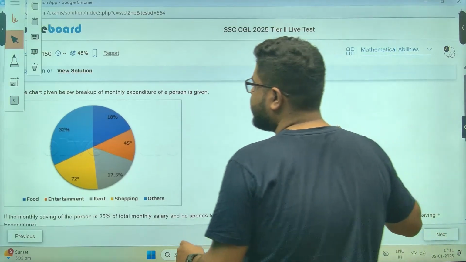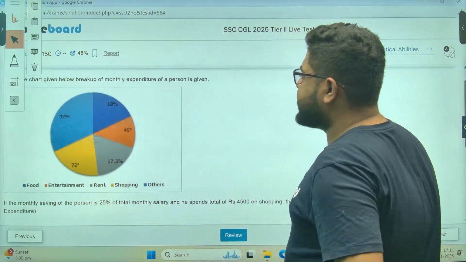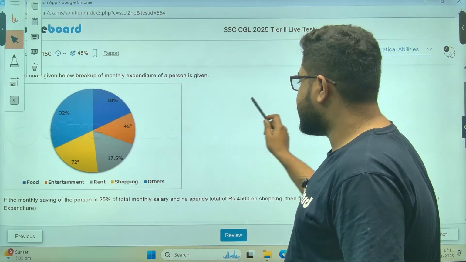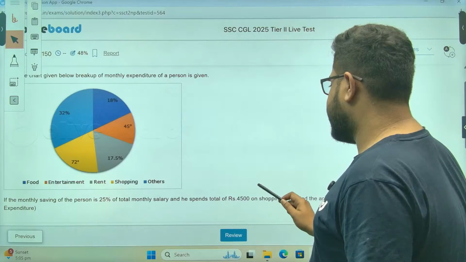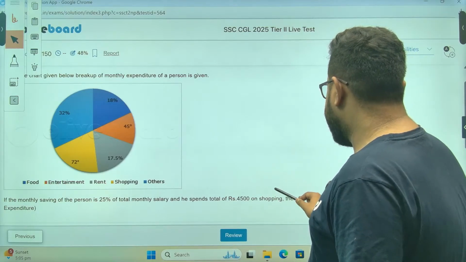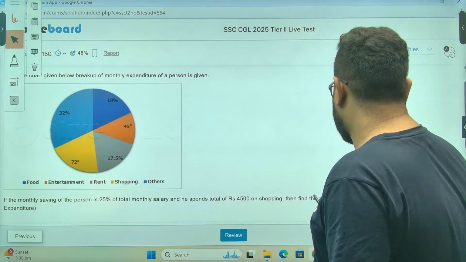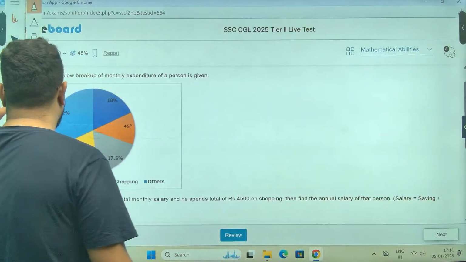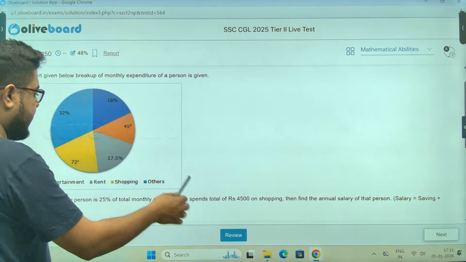Achha, they have given you some expenditure. The monthly expenditure is 25% of the total salary. It spends 4,500 rupees on shopping, find the annual salary. Okay, sir, got it. You see, 4,500 is shopping.